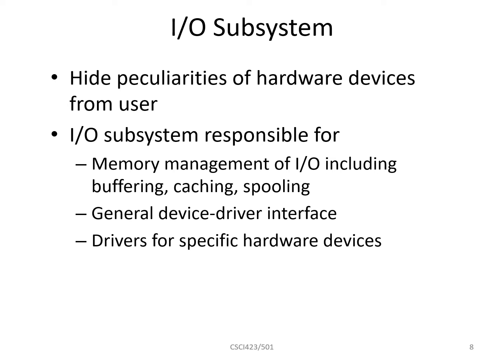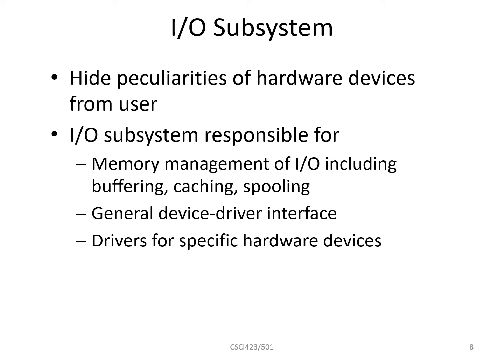For example, the I/O subsystem management needs to be responsible for the memory management of the I/O, including buffering, caching, and spooling. For example, if 10 gigabytes of data come from the network into your computer, the computer may not have enough time to deal with them immediately.